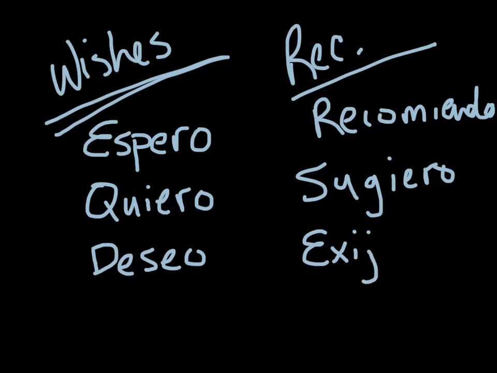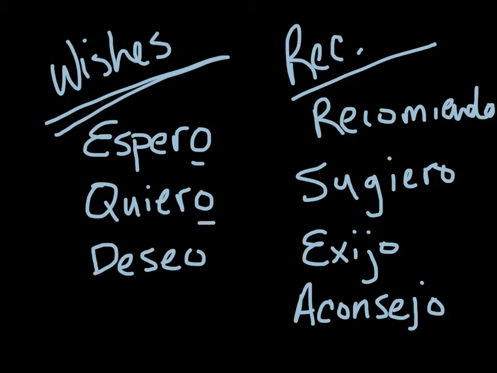That kind of ventures into the realm of indirect commands. But these are ways of saying, oh, aconsejo, I advise. And of course, these don't have to be in yo form. You can say he advises that you study. So you can put it in ella form, you can put it in nosotros form. I'm just giving you yo form here as an example.